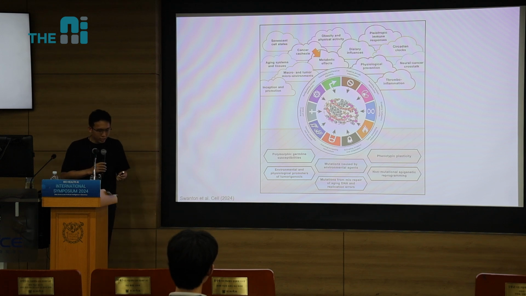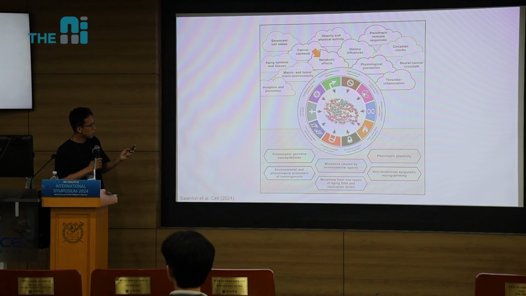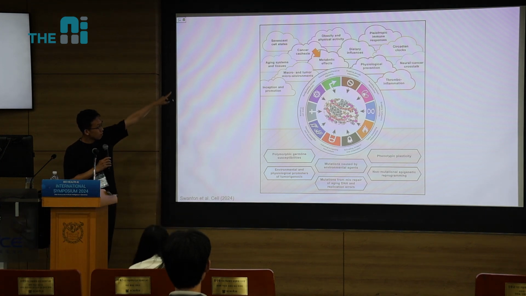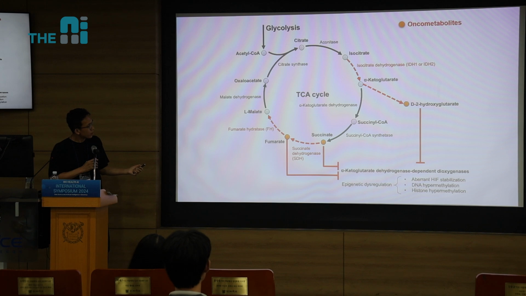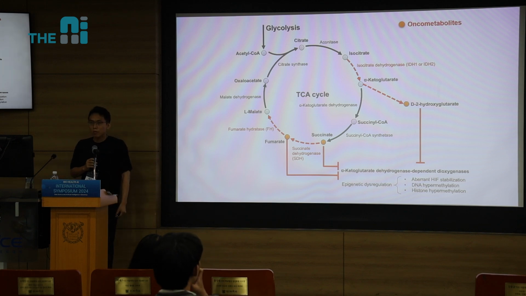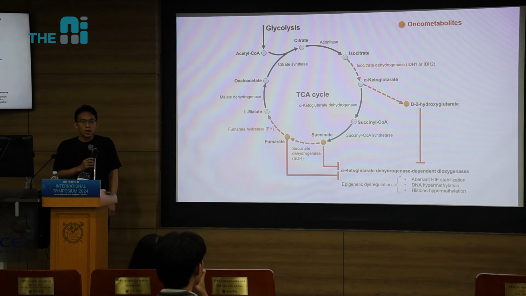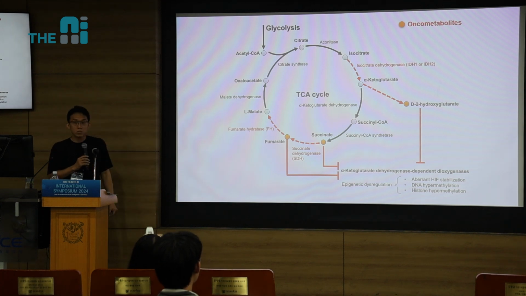One of the systems that gets reprogrammed during cancer development is metabolism, which you see in the middle with the orange arrow. For metabolism we have a lot to talk about, but within cancer metabolism, I'd like to talk about oncometabolites. Onco means cancer.